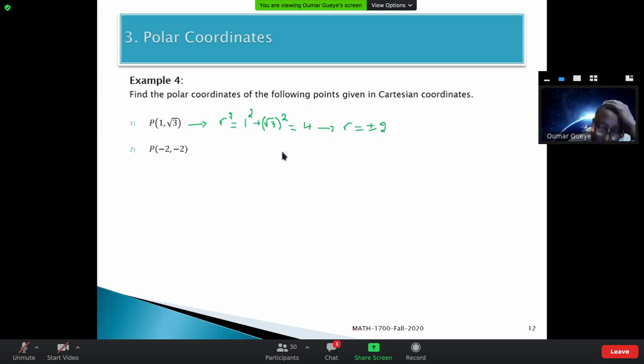Okay, so we'll pick one of them, but before choosing either of these two values, we can calculate theta first. Tan of theta, as the formula says, is y over x, which is going to be √3, because y is √3 and x is equal to 1.